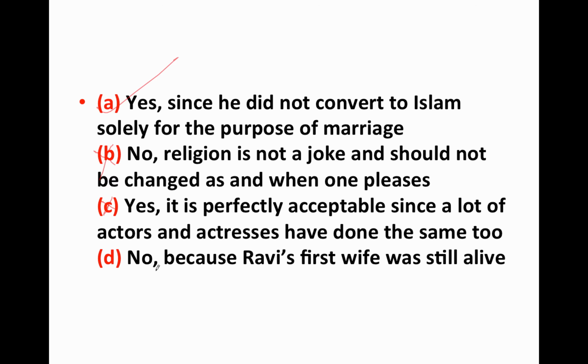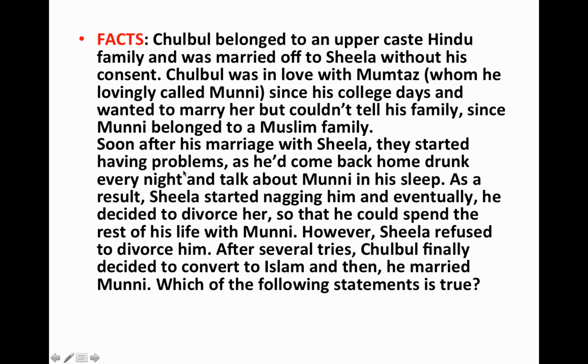This has to be prevented. That is the reason I told you the fact about Dharmendra and Hema Malini. Again, this is not correct because Ravi's first wife has got nothing to do with the second marriage. In the facts, it is not mentioned anywhere that you cannot have a second wife with the first wife still alive. So only option A is correct, and that is our answer.